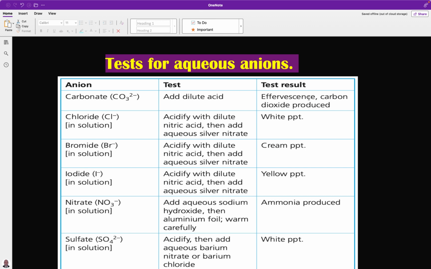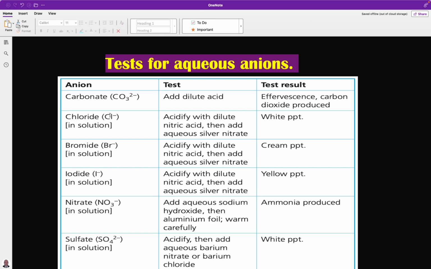Your conclusion should be that carbon dioxide is being produced. So it should get into your brain that when a dilute acid reacts with a metal carbonate, carbon dioxide gas is produced. This gas, if tested with lime water, will turn lime water milky. So that is the test for carbonate.